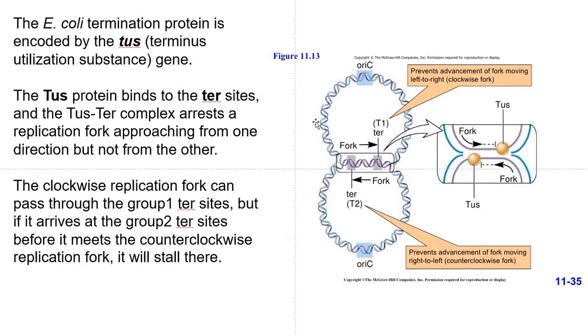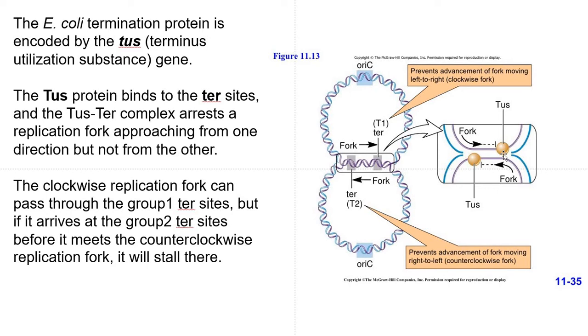Okay. This diagram shows it a little better, where blue is the parental strand and purple is the newly synthesized strand. The fork moving in this direction will be stopped at the ter 1 site, or group 1 terminal region, and the fork moving in the other direction will stop here at ter 2.